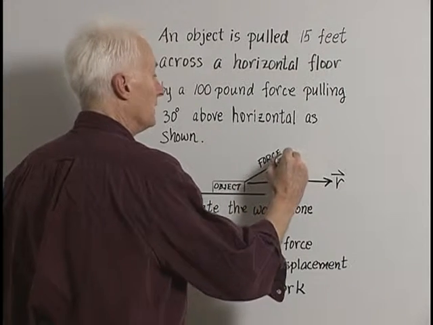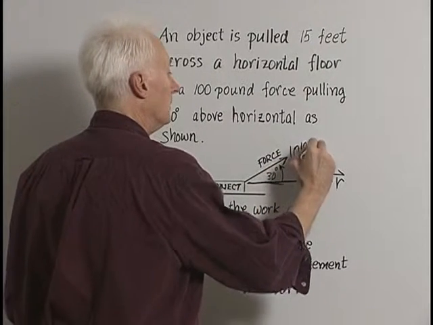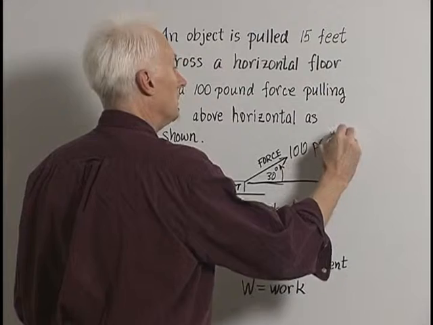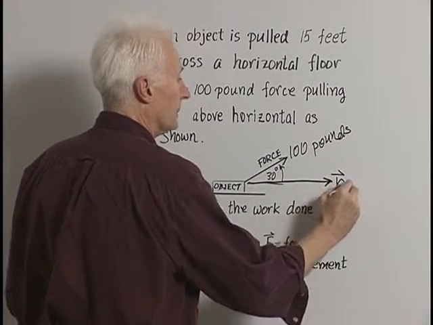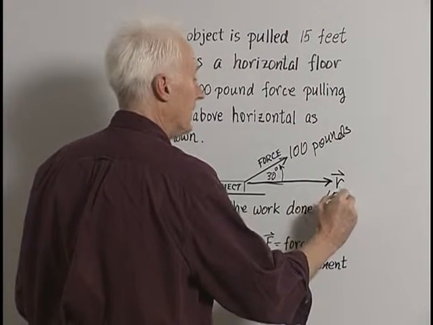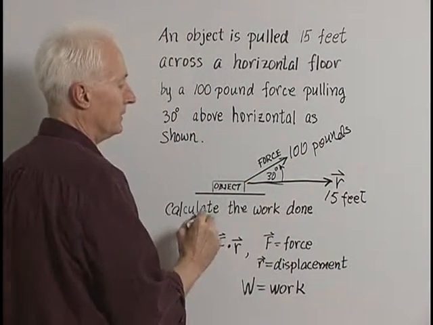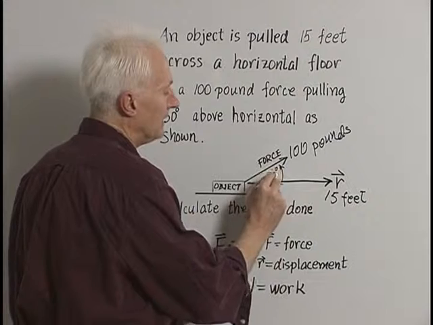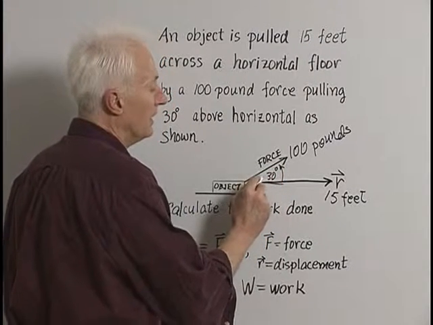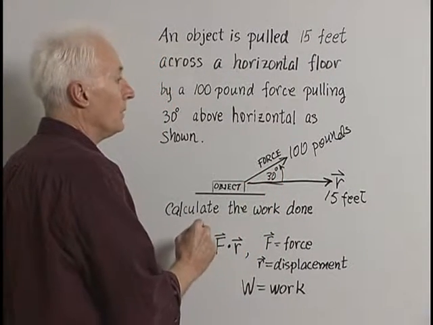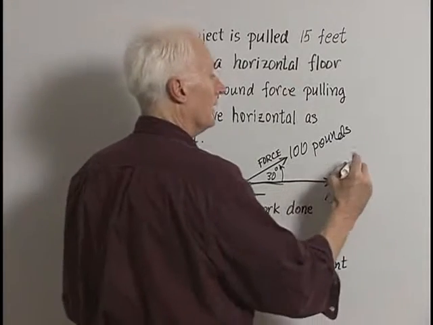The force vector here is 100 pounds. The displacement vector is 15 feet in magnitude. These are magnitudes, and of course the picture shows the directions. And so we have to calculate the dot product of these two vectors. Well, remember our formula for the dot product.